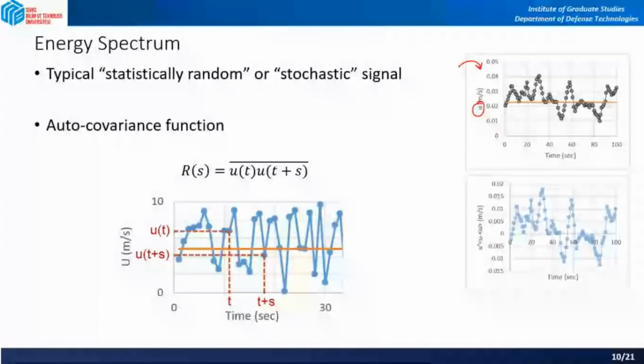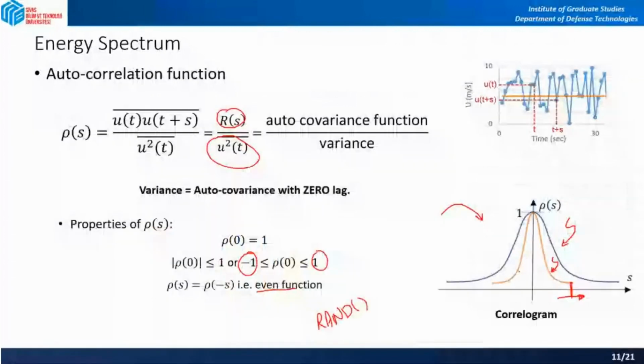Because we are not dealing with a completely random signal. Remember that if I plot a correlogram using the random command in Excel, I couldn't come up with those nice plots that I got from real velocity data. So these belong to real velocity data, not random data.